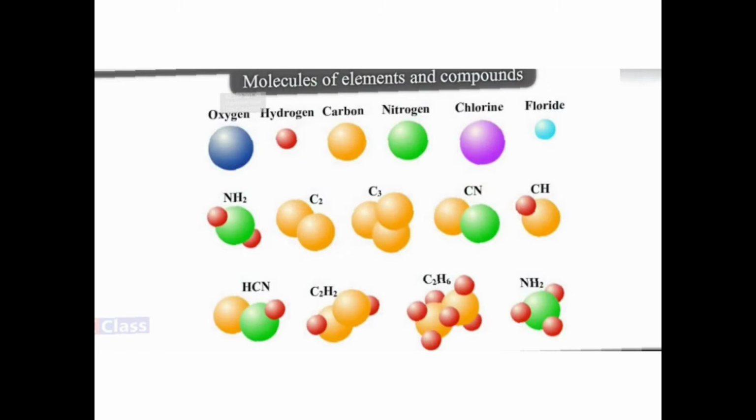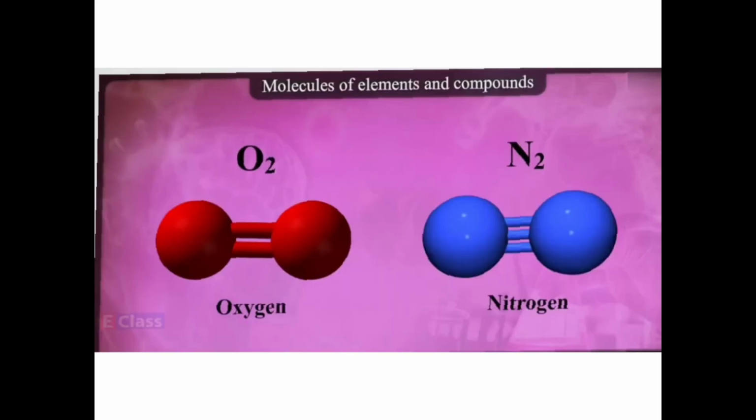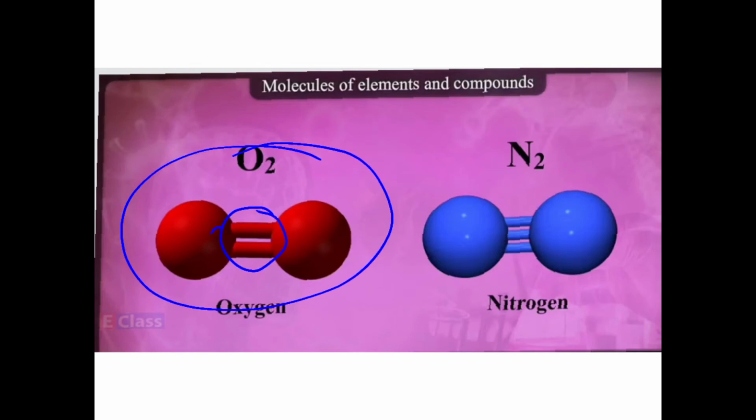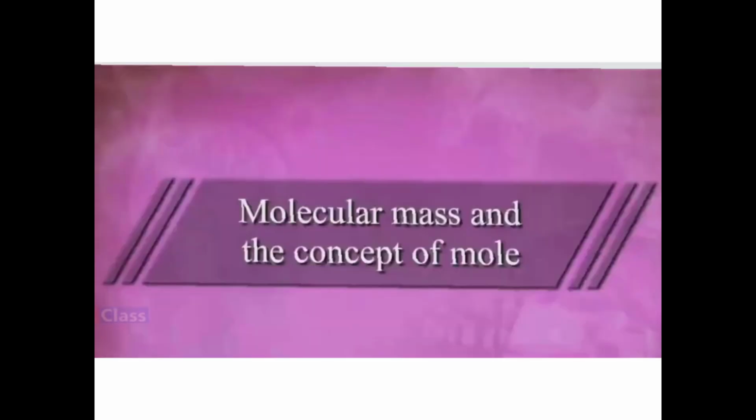Like that, there are many elements and compounds which have more than two atoms. So here is the example of oxygen. See the two atoms, they are combining with the bond here. Nitrogen also. This is how the molecules combine.